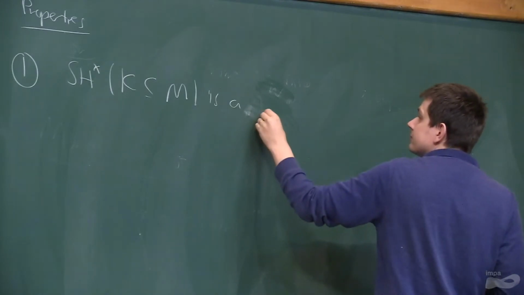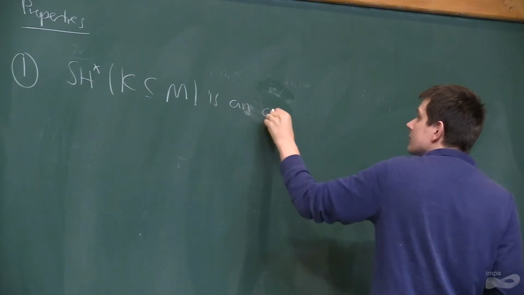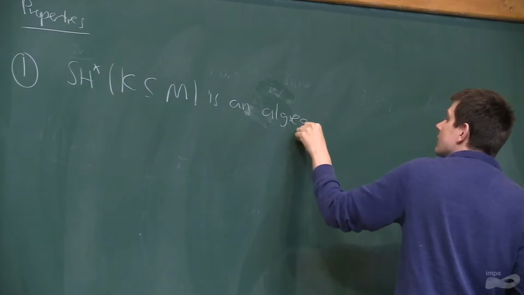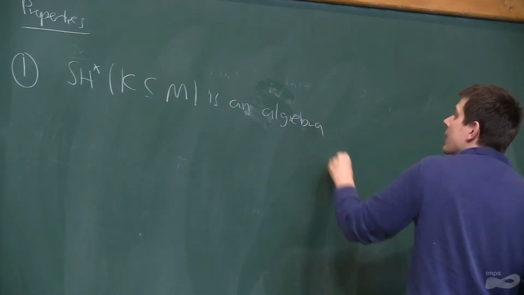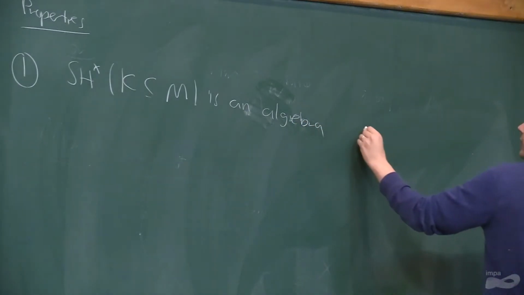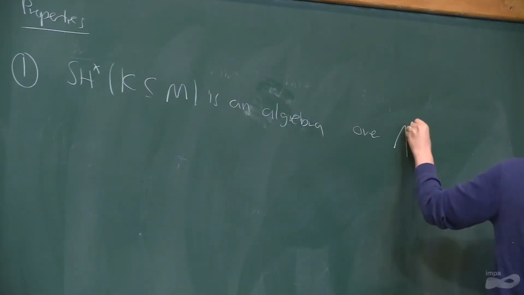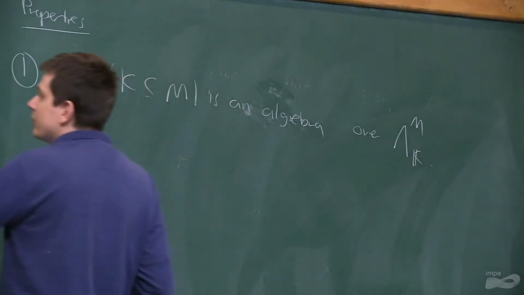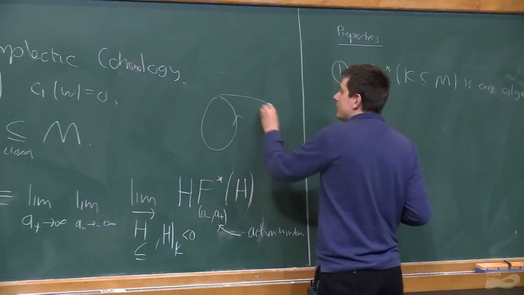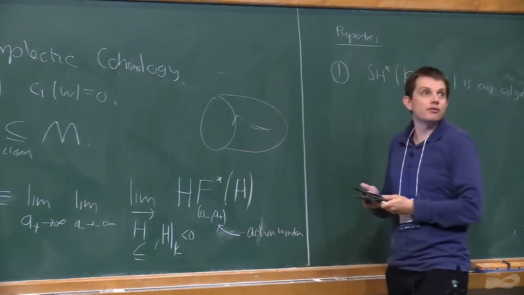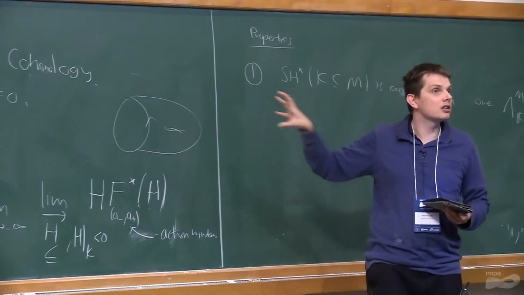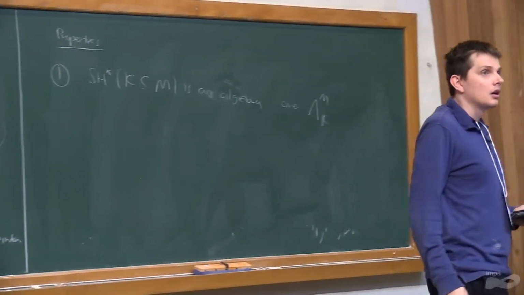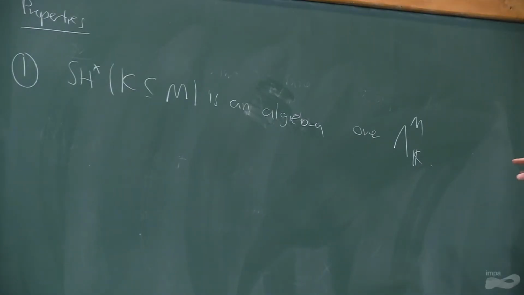And it's an algebra over this Novikov ring, I'll write Lambda_K^M. I'm thinking of the generators of Hamiltonian Floer homology as one-periodic orbits together with some sort of homology class of capping surfaces. So that's how I get this Novikov ring here.